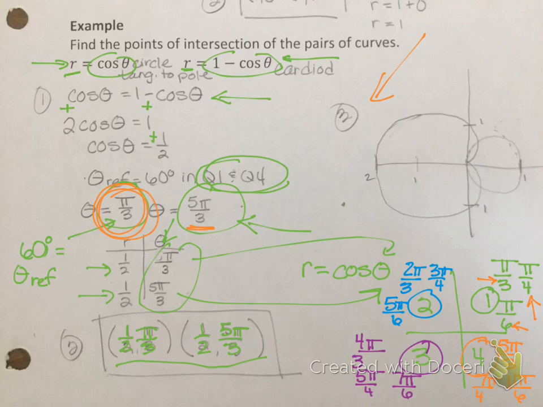So we are intersecting right here at 1/2 comma pi over 3, and we are intersecting right here at 1/2 comma 5 pi over 3. You'll need to be able to figure out those points of intersection and plot them to help you do section 11.5. So this ends our video on the second part of graphing polar equations.